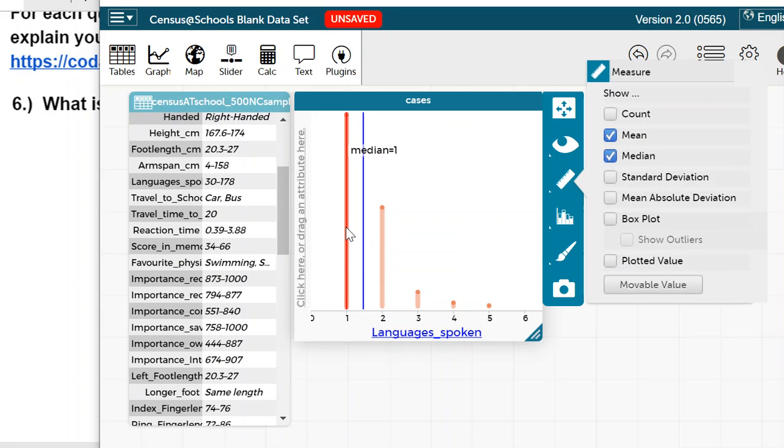The median is going to be over here because apparently at least the first half are all one language. But the mean is at 1.47. Now, watch what happens when I do this, standard deviation.